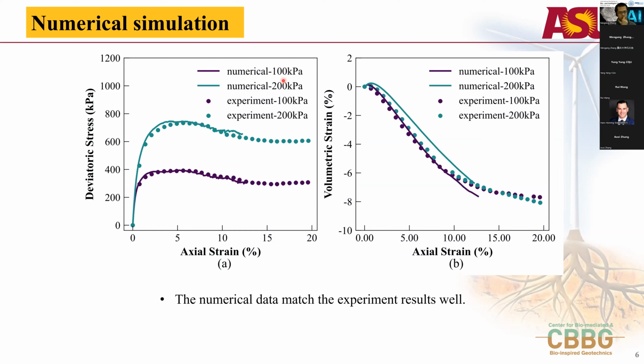We use 100 kPa to calibrate the triaxial test, and we use 200 kPa to validate the microscale parameters. The result shows that the numerical data match the experimental result very well. So we will use this set of microscale parameters to conduct our rotational penetration simulation.